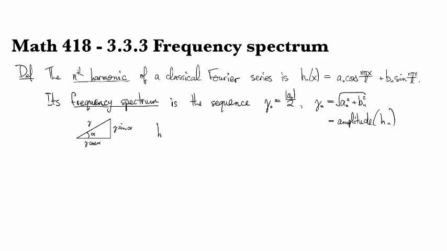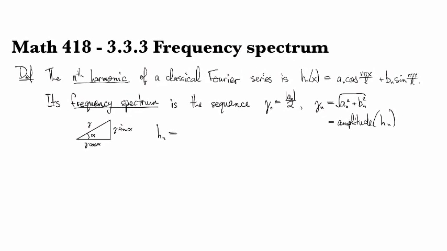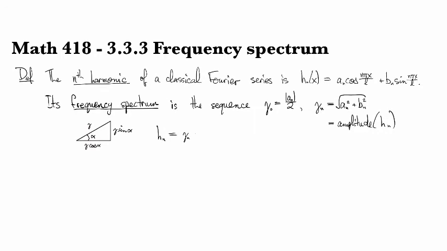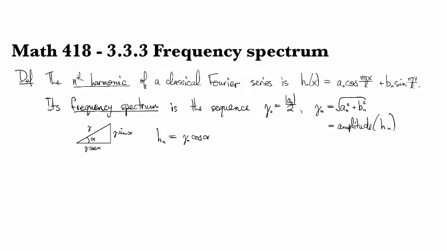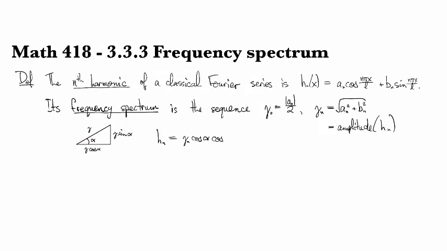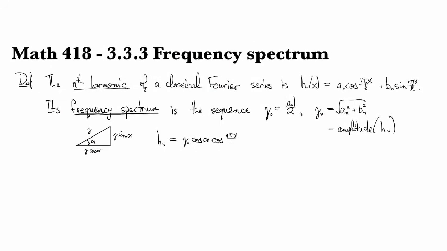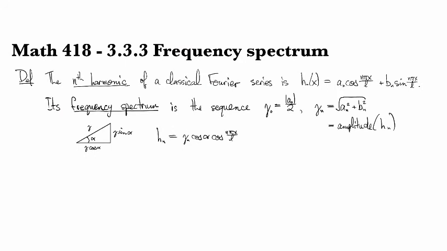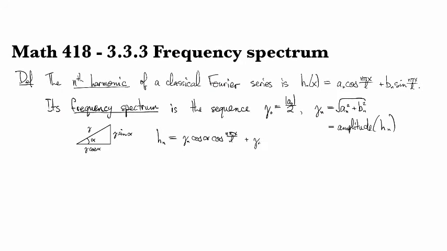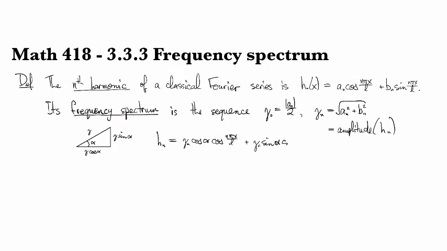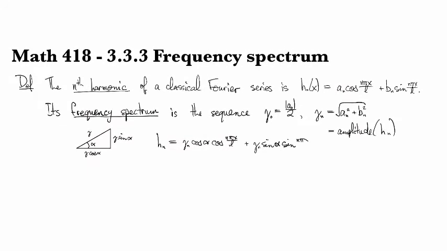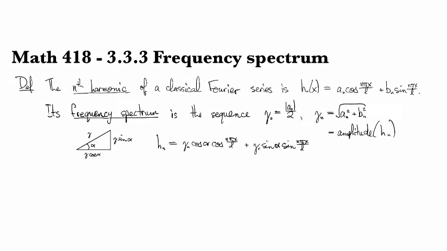And then if we look at the nth harmonic here, we're going to have gamma n cosine alpha cosine n pi x over L plus gamma n sine alpha sine n pi x over L.